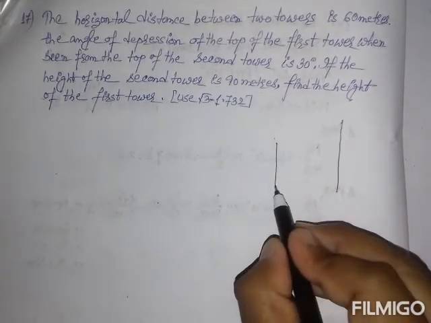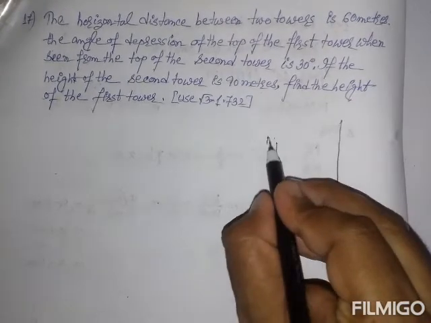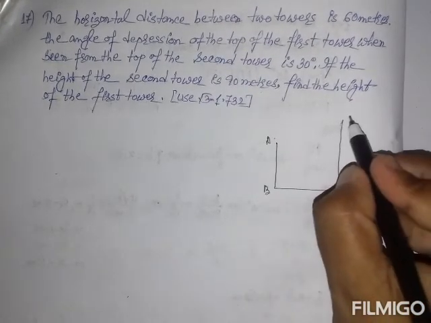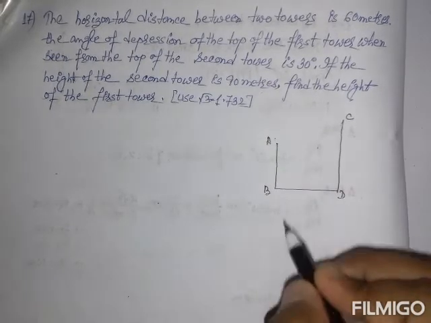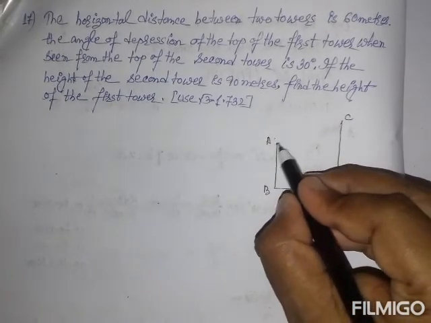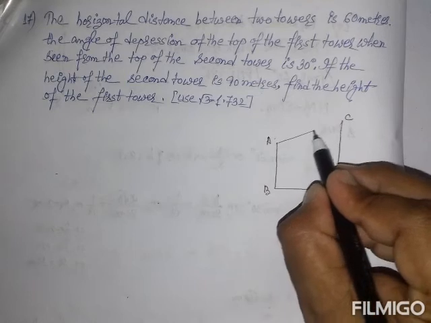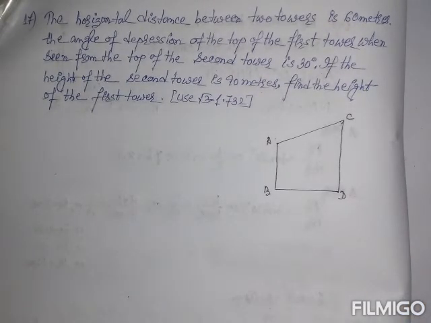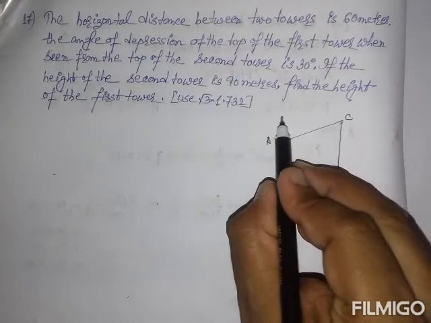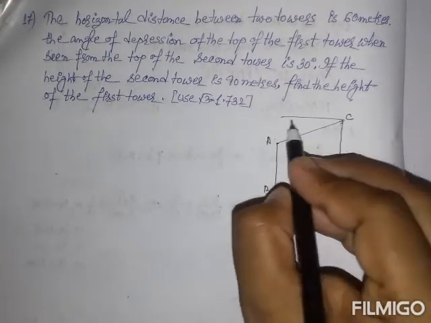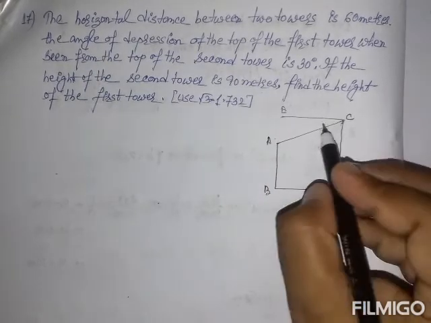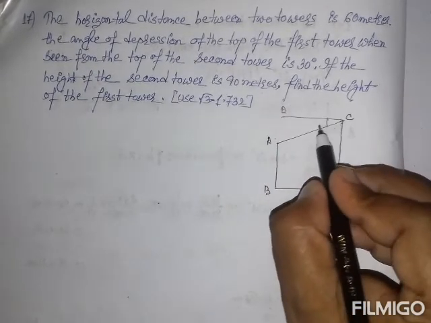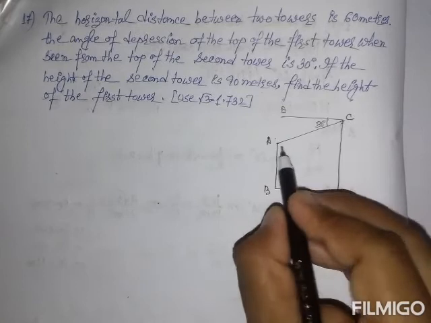The height of the first tower is AB and the height of the second tower is CD. Now from the top of the second tower to the top of the first tower, the angle of depression is 30 degree.